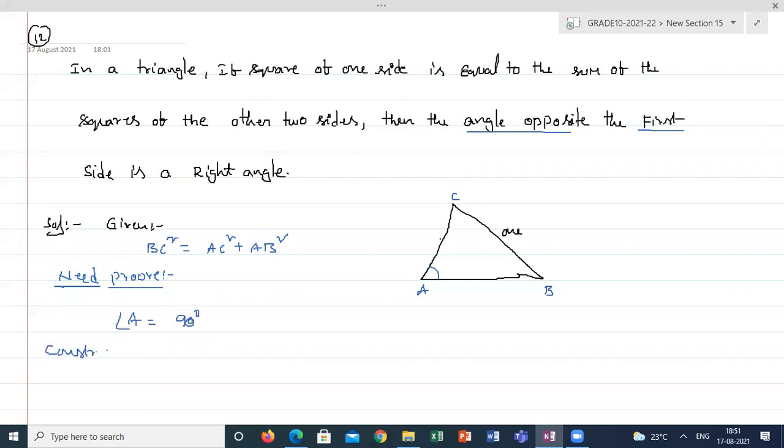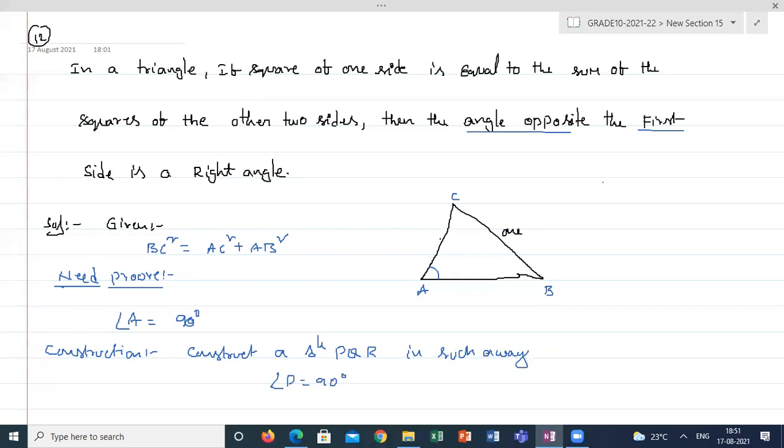Construction. I am taking a triangle. Construct a triangle PQR in such a way that angle P is equal to 90 degrees.